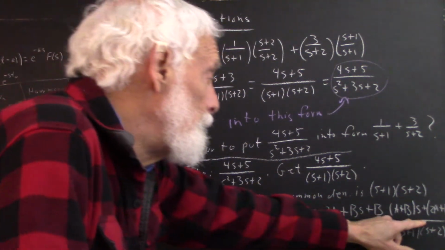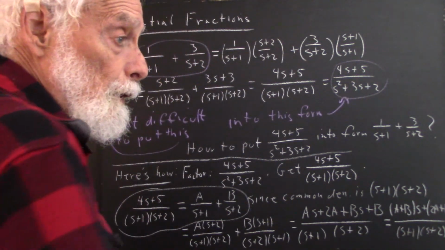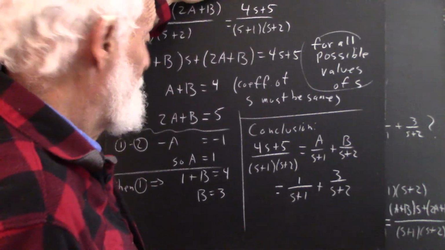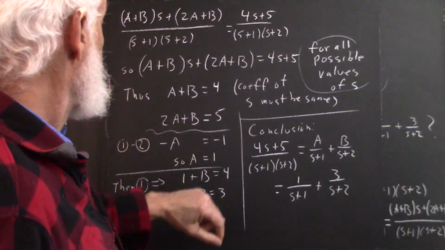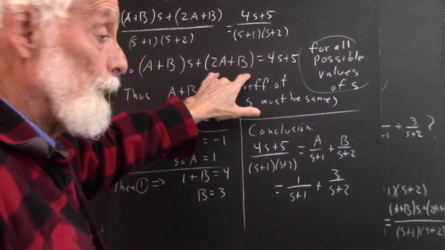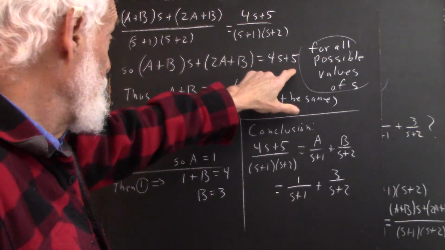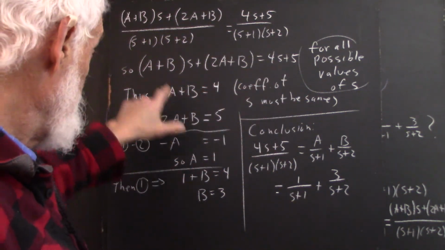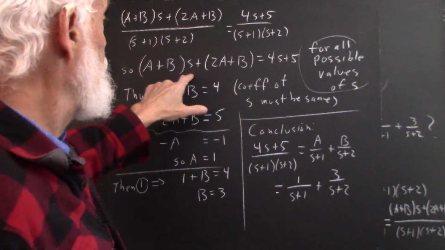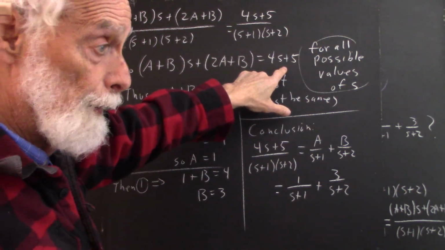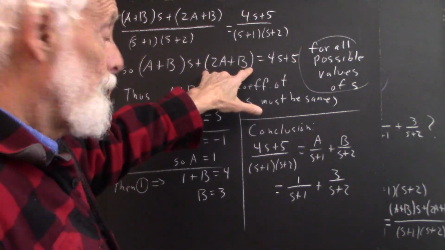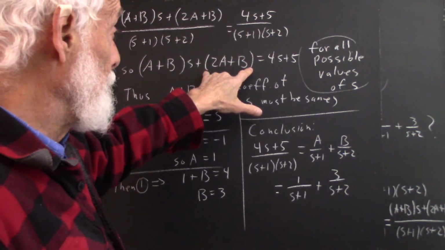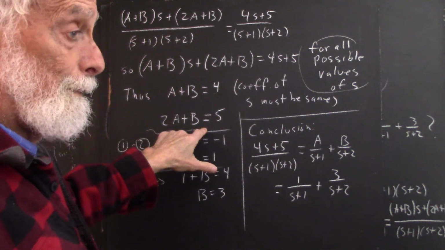We did the algebra to put that over a common denominator, and we got this, which gave us this equation, so that a plus b, the coefficient of s, had to equal 4, and the part that didn't have an s on it had to equal 5.